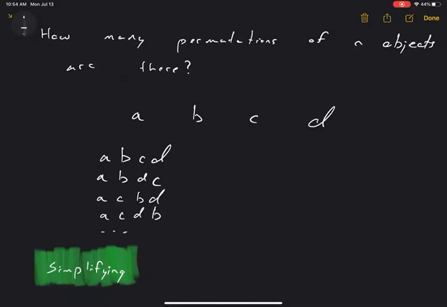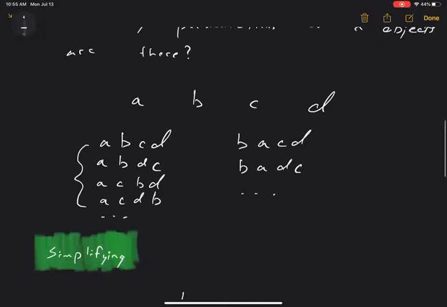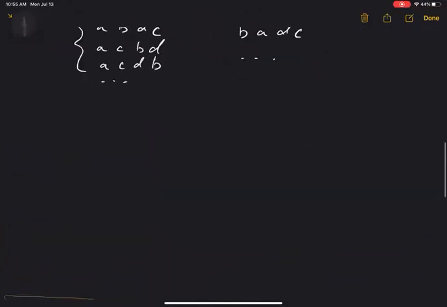And then I could start with B: B, A, C, D, and B, A, D, C, and so on. So how many different ways to order those 4 letters are there? That's where factorial came in, and that's what factorial is.